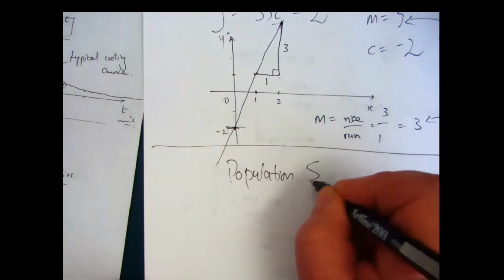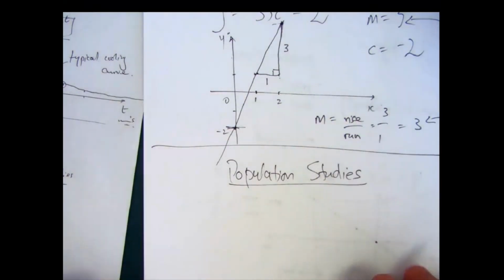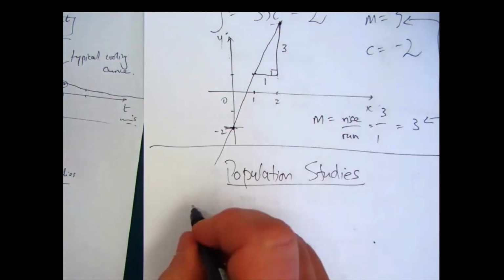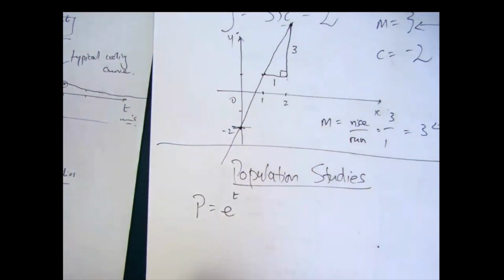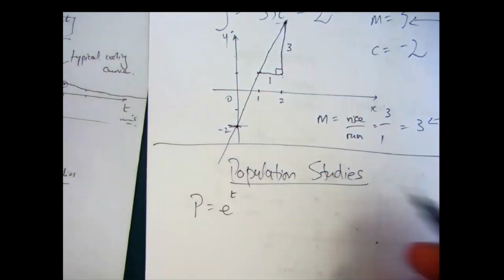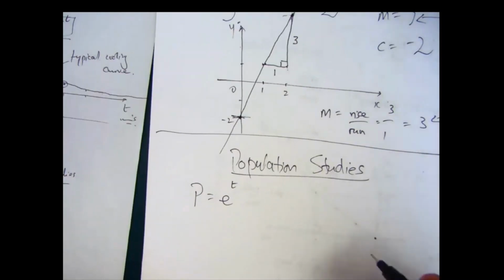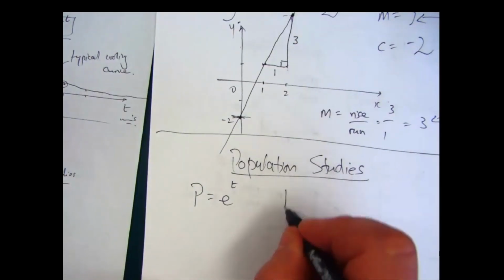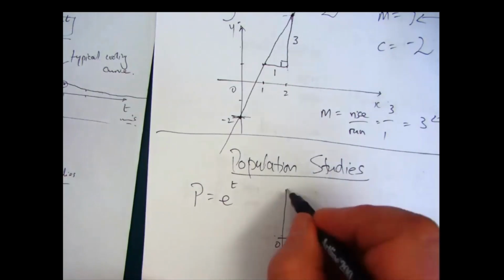If I give you this equation, P equals e to the t, where P is the size of a population and t is the time taken for organisms to grow, then we find something rather interesting happening. This is P and this is time, say in hours. We can do it in whatever unit we like.